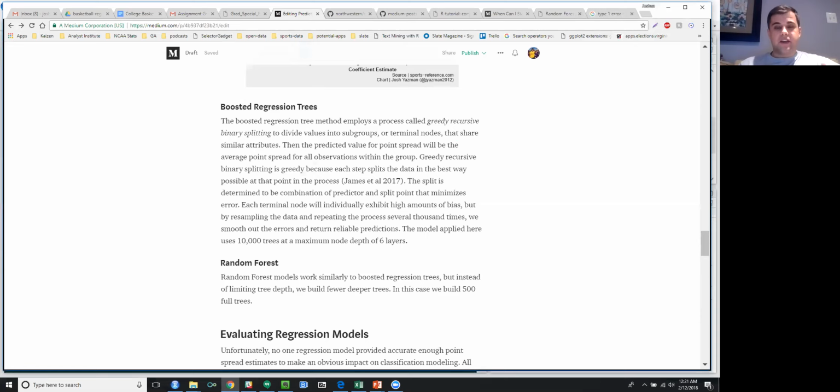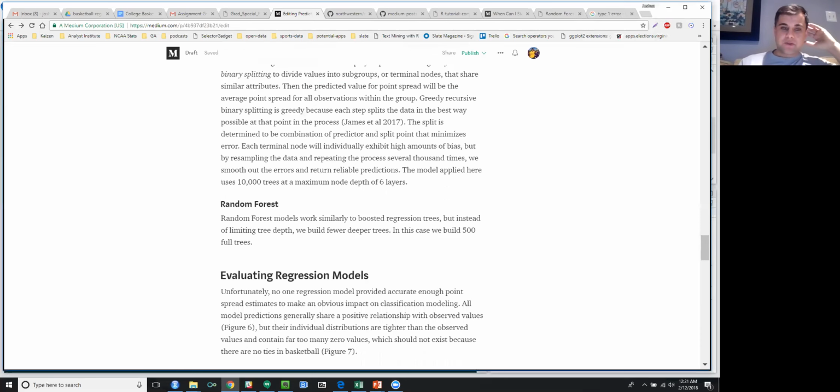So again, through cross-validated trial and error, I found that the optimal depth, or the optimal number of times that the boosted regression tree should split my data, was 6. And then I trained a model with 10,000 trees at that depth of 6 layers.